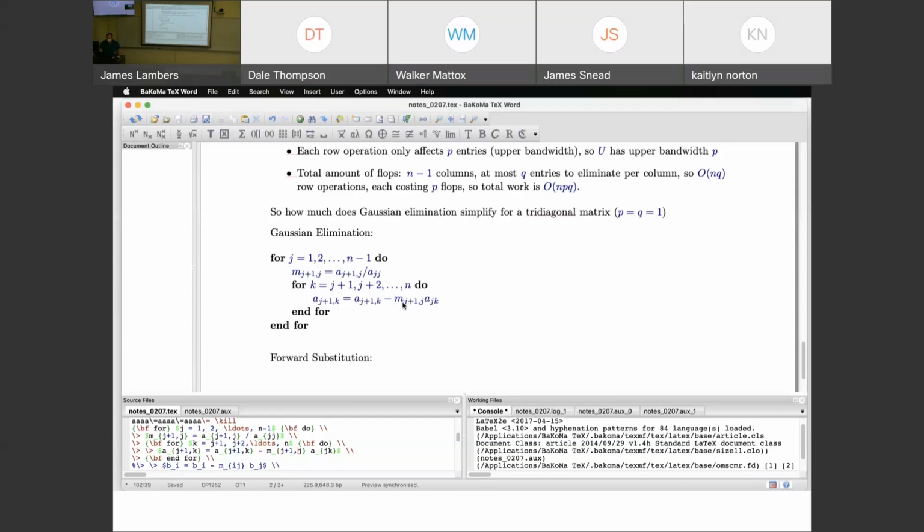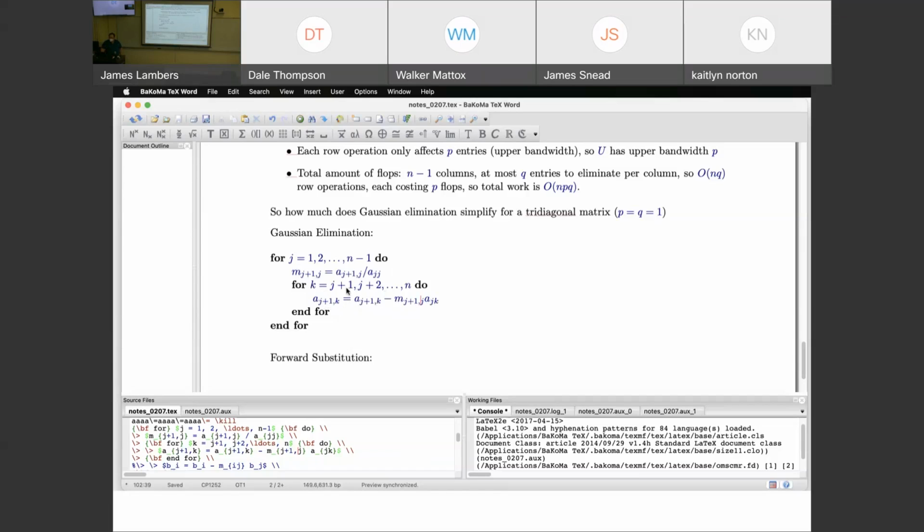But let's suppose that k is equal to j plus 2. Well, then we have a j plus 1, j plus 2. That's on the super diagonal. Same thing here. Then here I have a j plus 2. When you have a tridiagonal matrix, if the row and column indices differ by more than 1, that entry is 0.